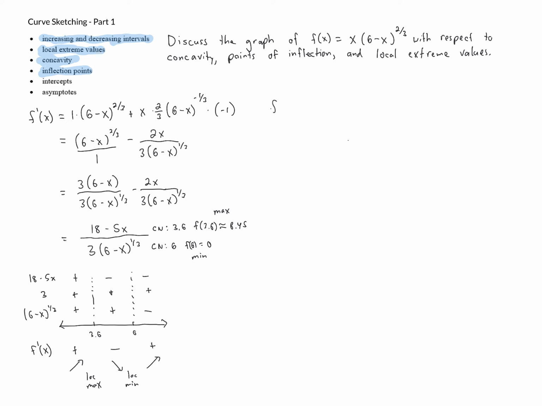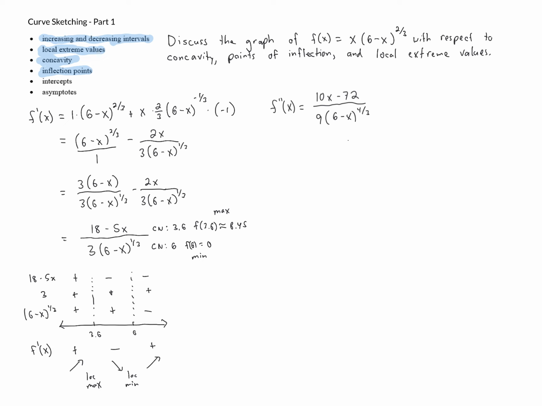And I am going to give you the derivative just so that we're not spending time doing that calculation. We end up with (10x minus 72) over 9 times (6 minus x) to the 4/3 power.